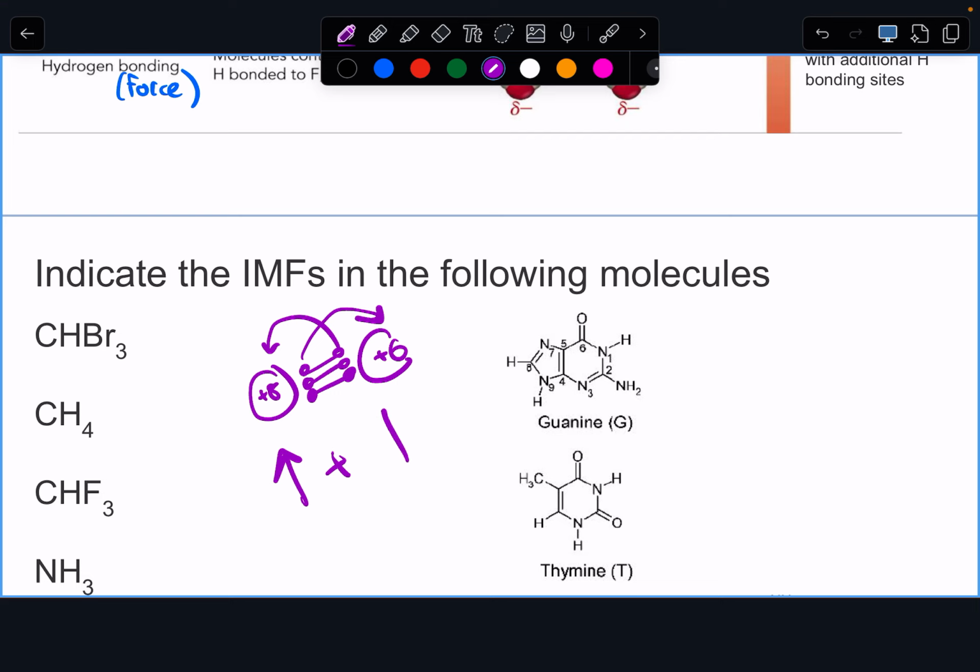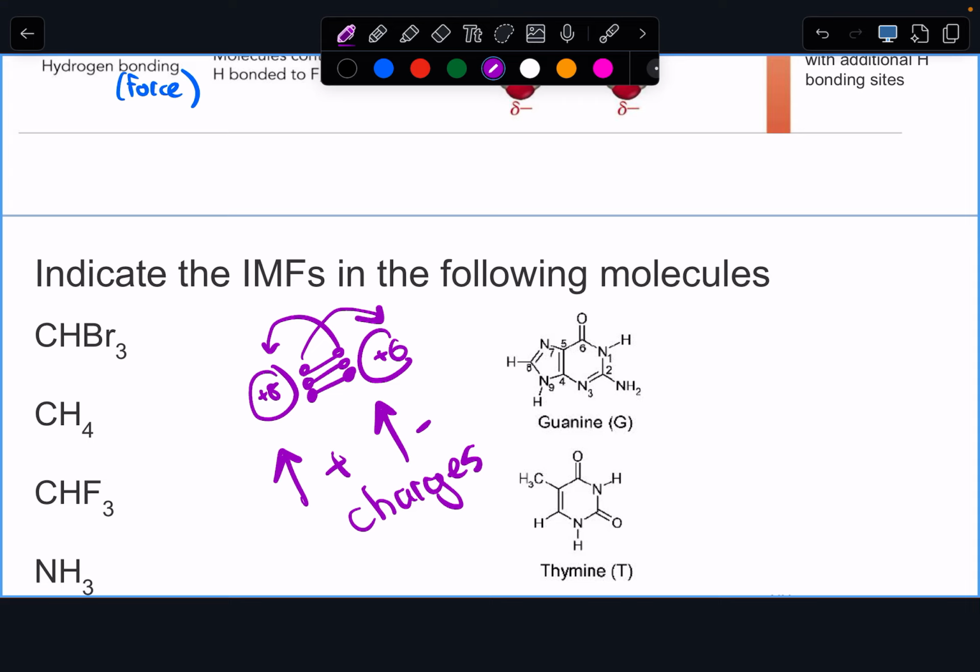Big positive and big negative charges, multiple whole number charges. When we're talking about the partial charge in an induced dipole, we're talking about like 0.2 positive and 0.2 negative. Very small charges. And the bigger those charges are, the stronger they're held together.